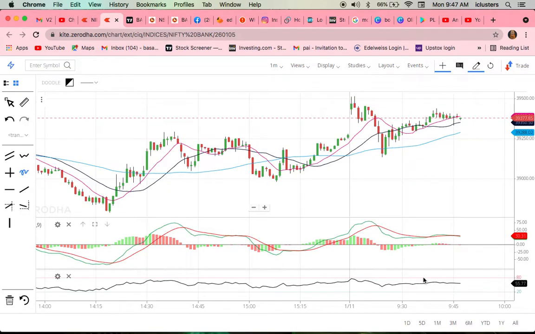See here, RSI is 56. Above 56 means a little bit of uptrend. Exactly 50 means neutral, and above 50 means the trend will go into uptrend.